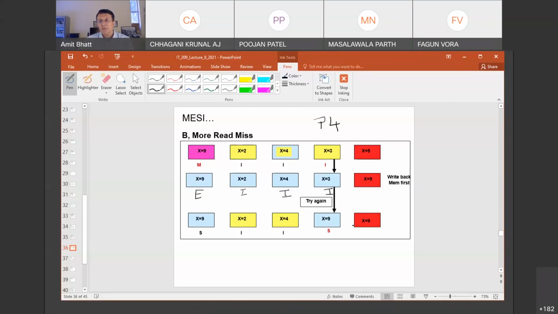Sir, I have a question. Sir, if it is invalid, then will it always go to the memory for the correct value?